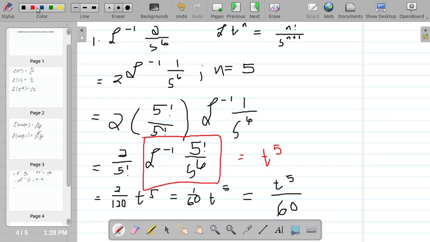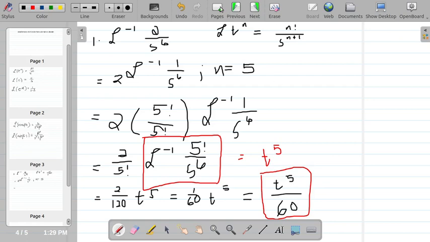So, the inverse Laplace of 2 over s raised to the power of 6 is t raised to the power of 5 over 60.